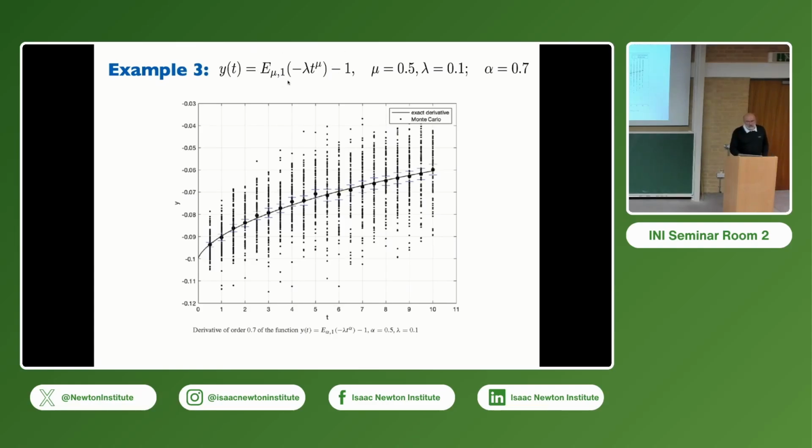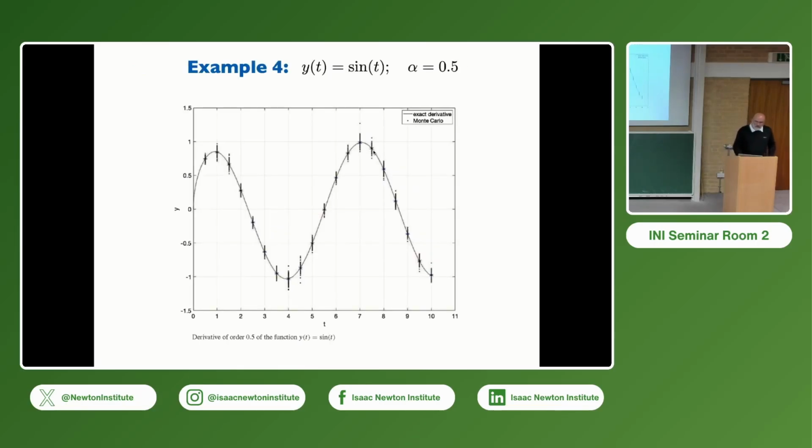It is a generalized exponential. Here we use the Mittag-Leffler function with two parameters, and it also allows that nice exact fractional order differentiation. In some cases, like the sine function, it works very nicely. So this is another topic for research, for which functions we get this or that behavior.